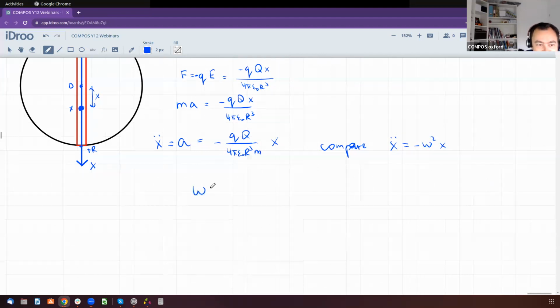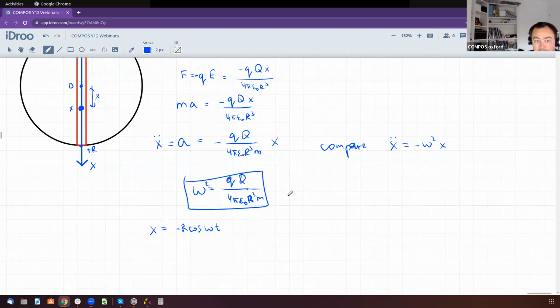And we see that omega squared is Q over 4 pi epsilon naught R cubed M. And the solution for x, well, if we drop it from the top, is radius multiplied by minus R cos omega t, where omega is this one.